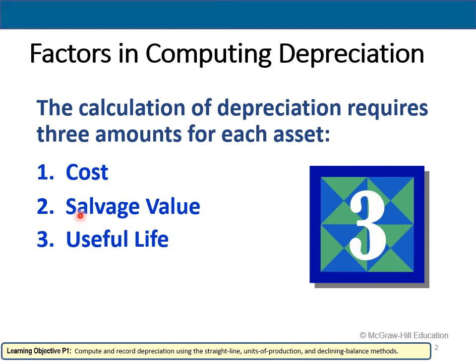It's management's estimation of what the asset will be worth, what they'll be able to sell the asset for at the end of an asset's useful life. So if it's a car that the company plans to use for 10 years and then sell for $2,000, the salvage value would be $2,000. And sometimes it's called residual value. That's a synonym.